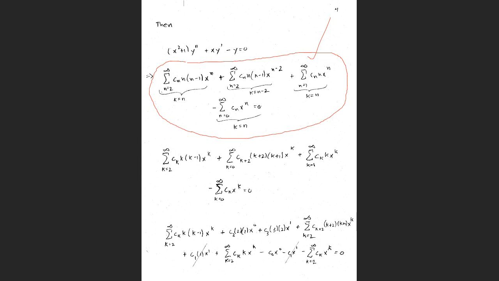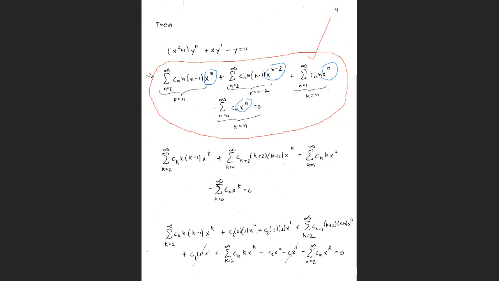And of course, we have all these different powers: x to the nth power, x to the n minus 2 power, x to the nth power, x to the nth power.